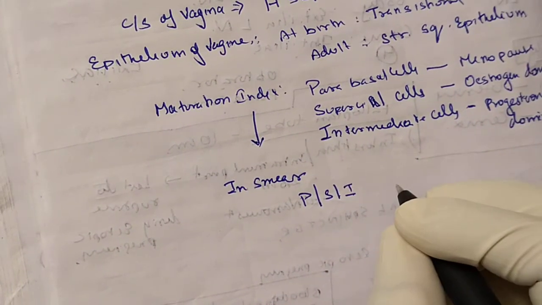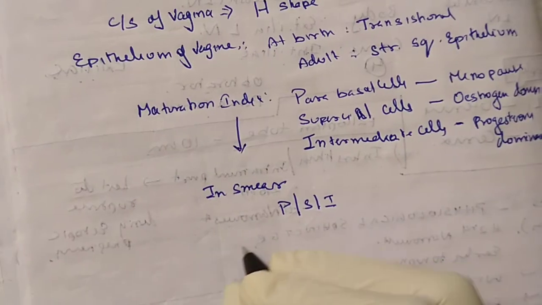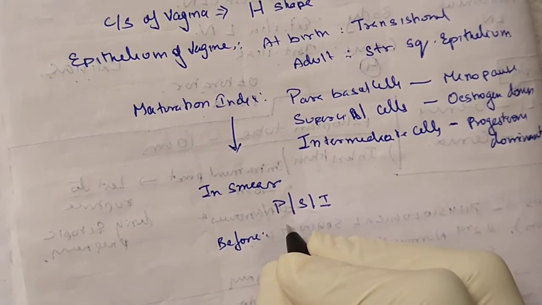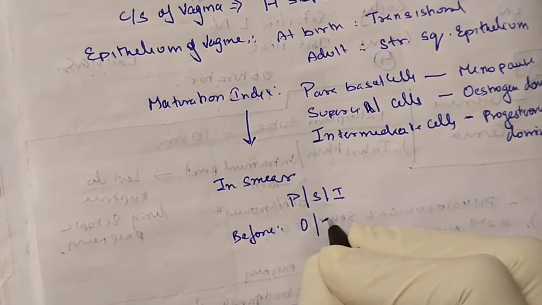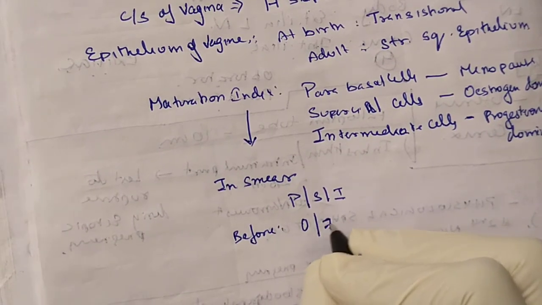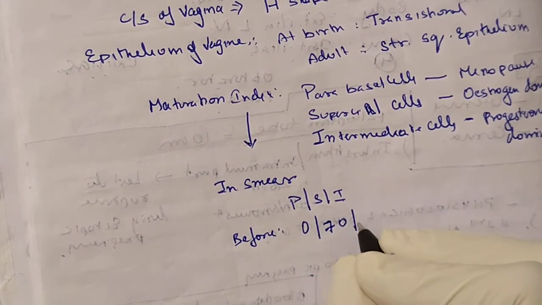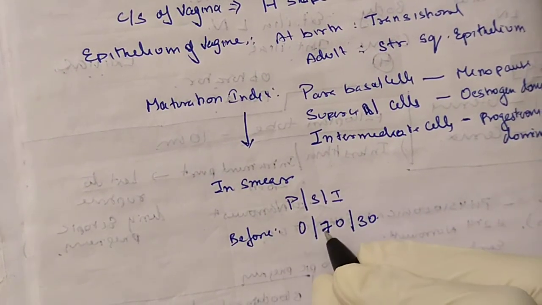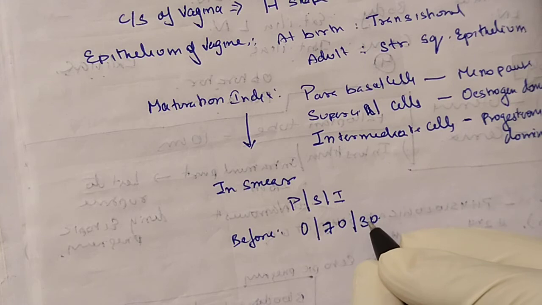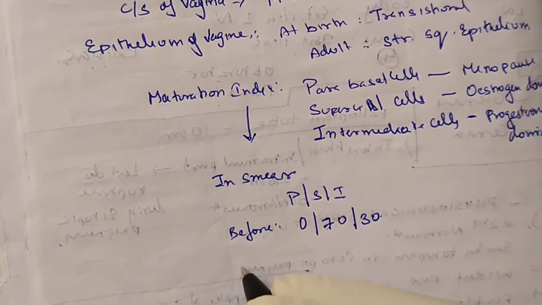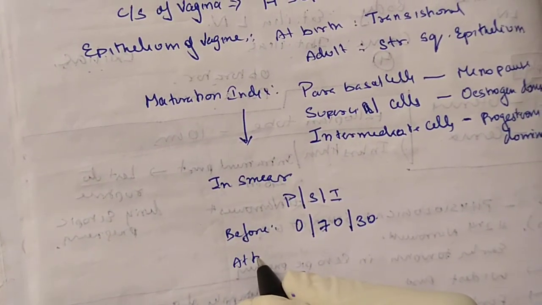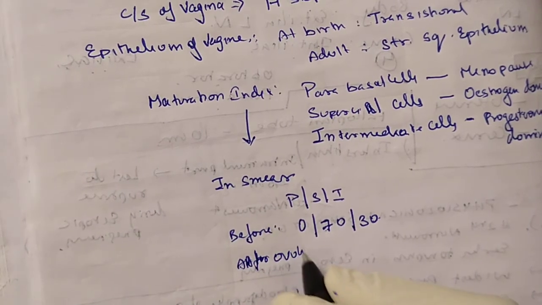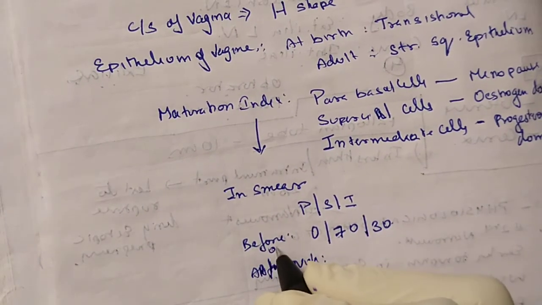This is called maturation index. So before ovulation, the parabasal cells are 0, these are 70, these are 30, taking percentage. In percentage I'm taking the cells, so 30 and this is 70 in intermediate cells.